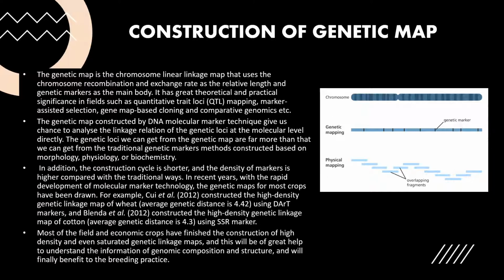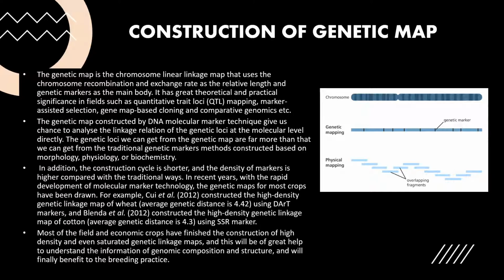The genetic loci we can get from the genetic map are far more than what we can get from traditional methods based on morphology, physiology, or biochemistry. In addition, the construction cycle is shorter and the density of markers is higher compared with the traditional ways.